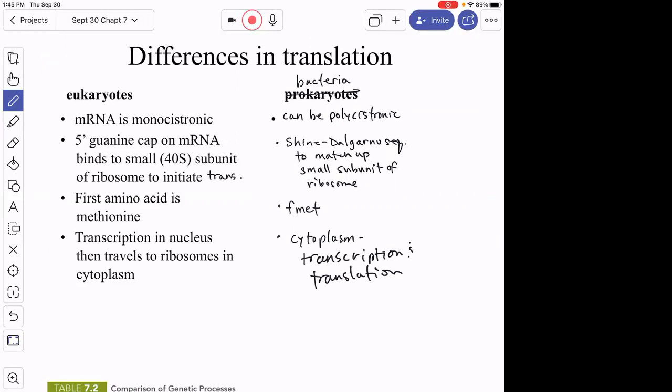I just didn't write it all out. Oh, yes, sorry. This stands for formylmethionine. That's just the first amino acid. That's always the first amino acid in any bacterial polypeptide.